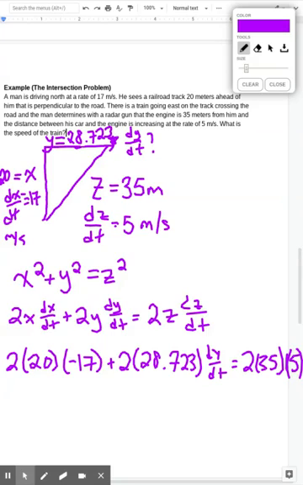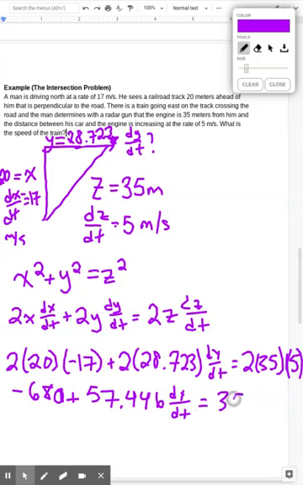So 2 times 20 times negative 17 is negative 680, plus 2 times 28.723 is 57.446 times dy/dt equals 2 times 35 times 5, which is 350.